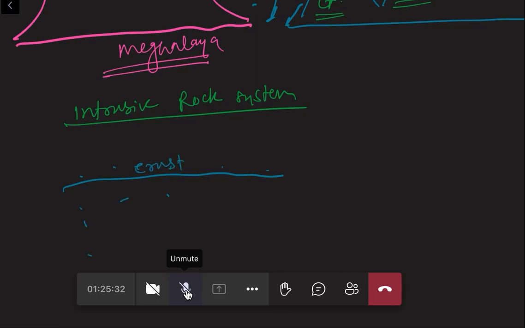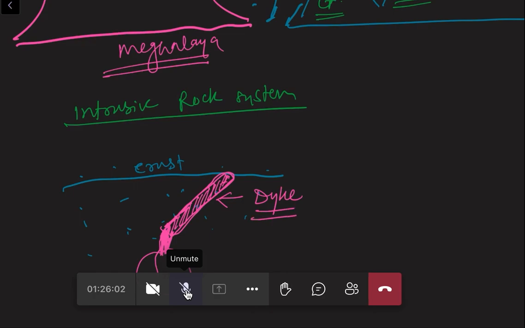But inside, what happened a few million years ago? Suppose there was a volcanic eruption from inside, and the volcano led to the formation of this kind of dike. This volcanic lava came out and it went angularly like this, and it solidified. So this is a big solidified rock structure inside the Earth's crust. We call it a dike.